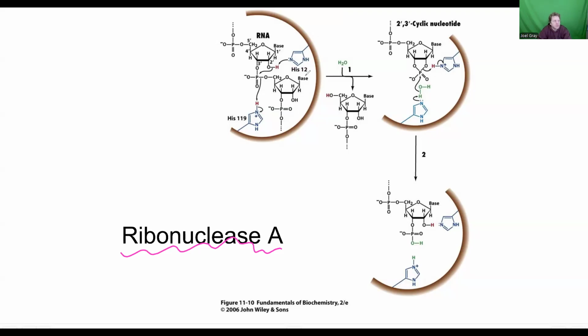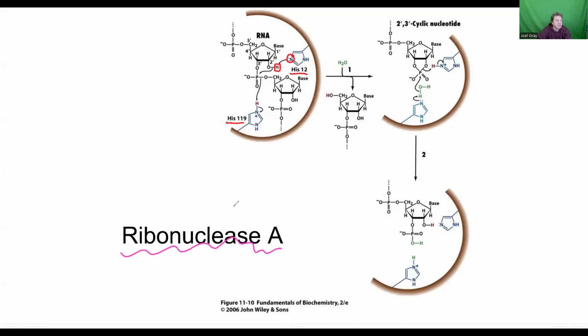Now, what I want to do is introduce you to each of the residues. Histidine 12. Notice how it is deprotonated. It has a lone pair of electrons, and what that lone pair is going to do is take this hydrogen from our RNA molecule. What I think is most valuable when learning a catalytic mechanism for an enzyme is to identify any other amino acids that are involved.